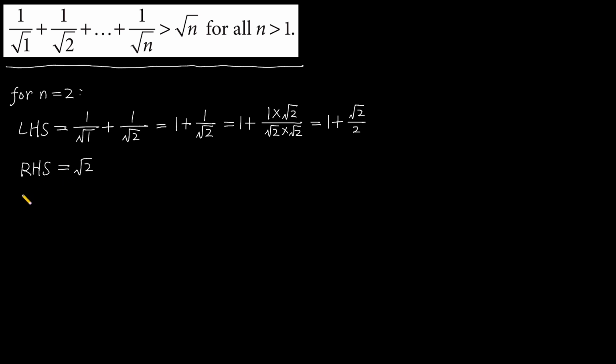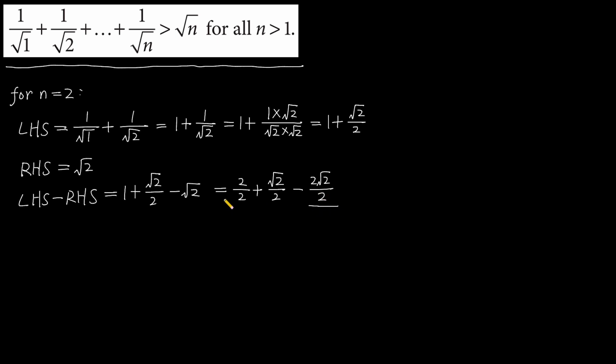So I can use left hand side minus right hand side. And this equals 1 plus square root of 2 over 2 minus square root of 2. And this equals, we can change 1 to 2 over 2, plus square root of 2 over 2, minus here 2 multiply square root of 2 and bottom is 2.